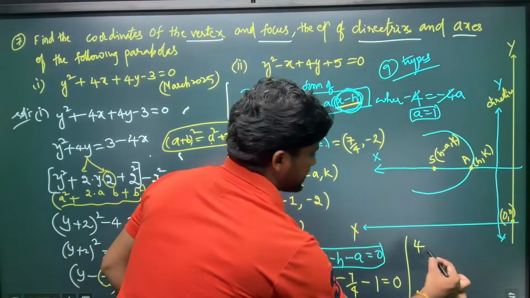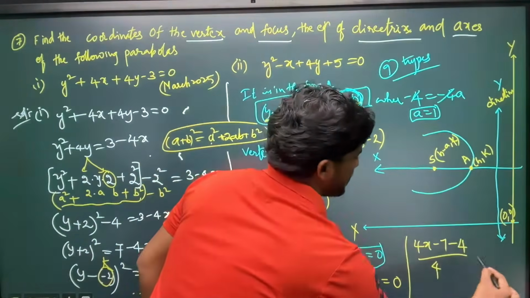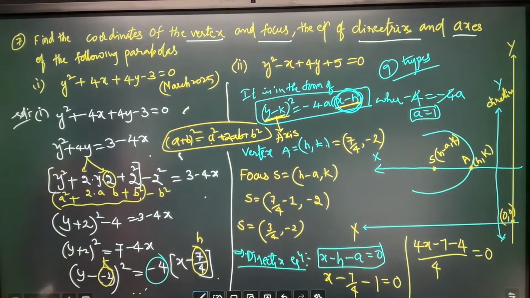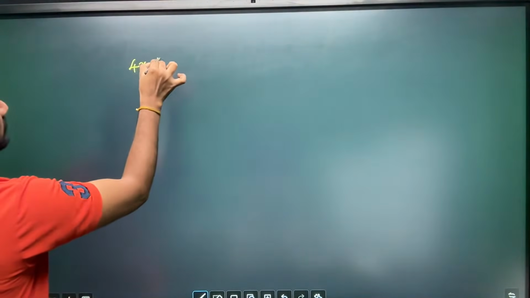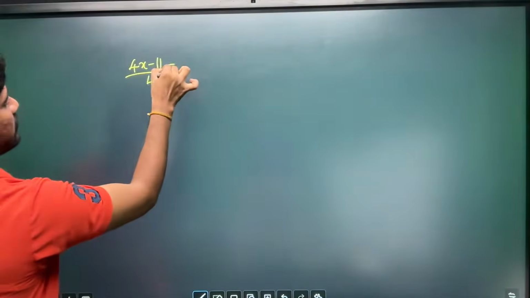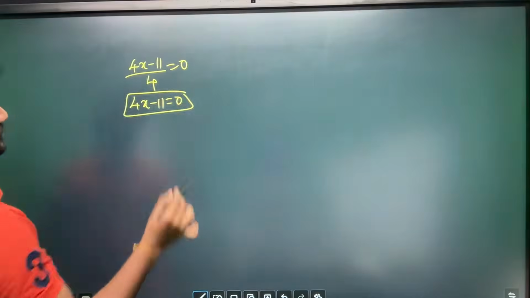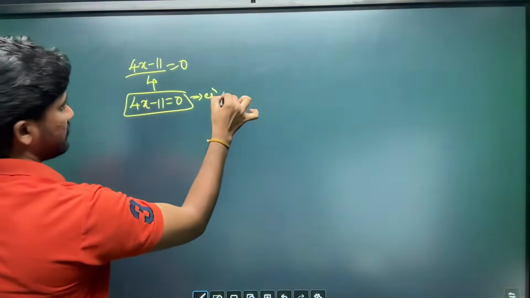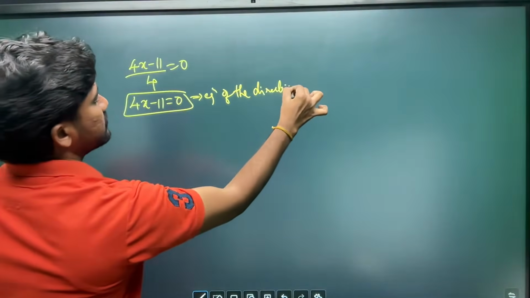So (4x minus 7 minus 4)/4 equal to 0. Next slide lo rasuna chudandi, 4x minus 7 minus 4 ante manaki em ostadi, 4x minus 11 by 4 equal to 0. దాని నుంచి మనకి 4x minus 11 equal to 0. This is the equation of the directrix. Clear?